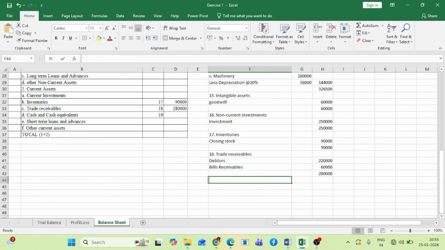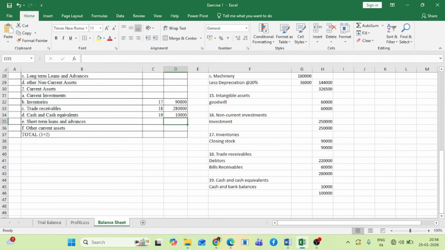Cash and bank balances is only 10,000. You will show total 10,000. I'll show 10,000 here. Okay, fine. There are no short-term loans and advances. There are no other current assets. If there is any prepaid or accrued income, you will show it under your other current assets.